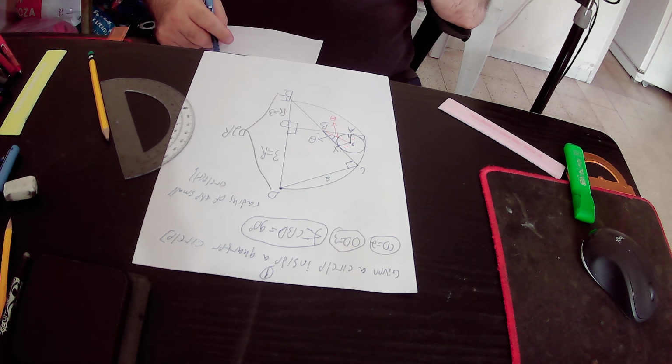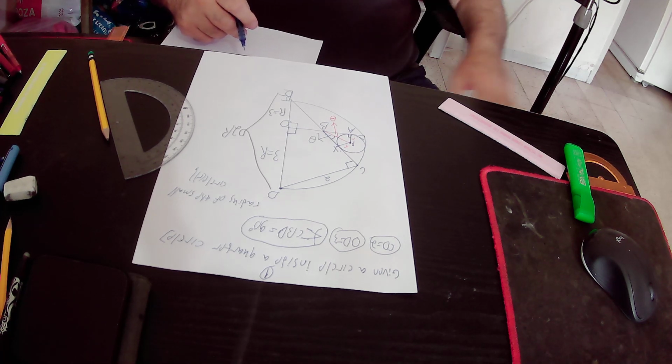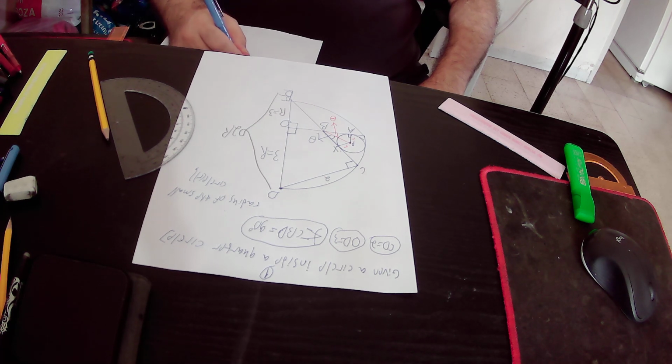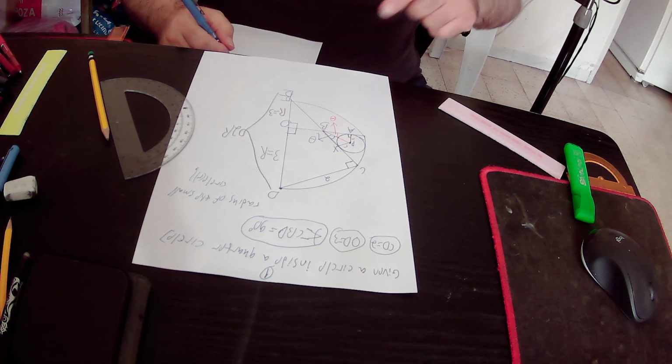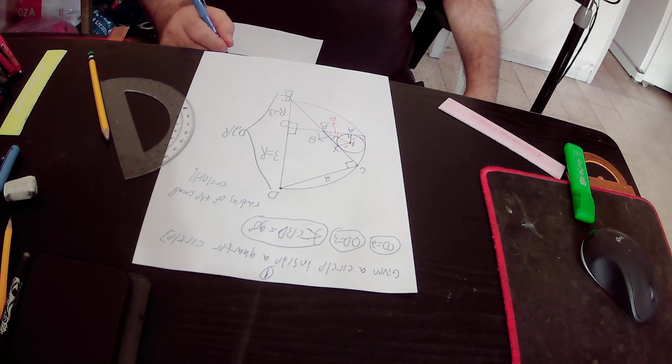But we have here two vertex angles, angle EBO and angle ABC.